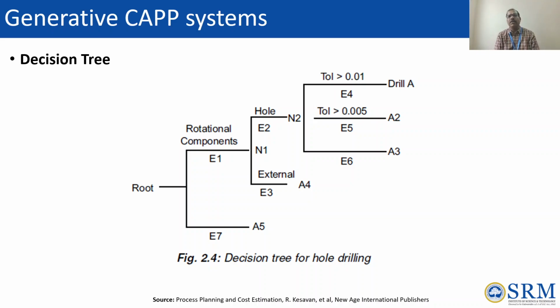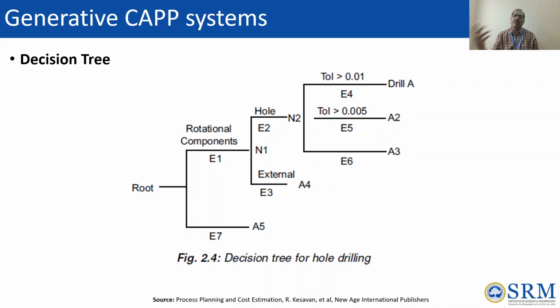Then where the hole is and what the tolerance requirement is, whether we need a tight, moderate or heavy tolerance. Depending on that we need to define the machines a little bit. Whether a super finishing kind of process is needed, it will be B or C. Then if the tolerance is greater than 0.1, or we need a tight tolerance of 0.005, in that case we need a better reaming process.